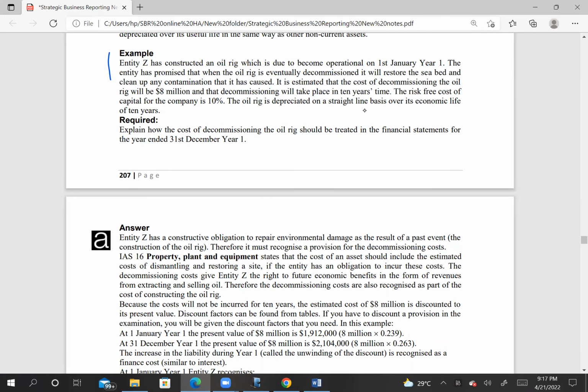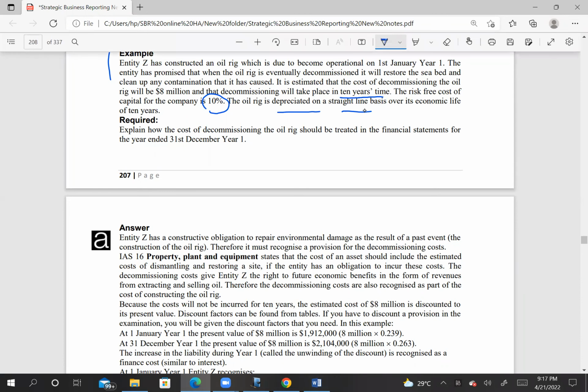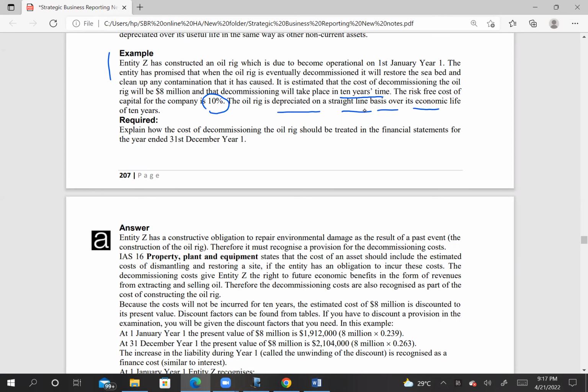It is estimated that the cost of decommissioning the oil rig will be 8 million, and that decommissioning will take place in 10 years' time, and the risk-free cost of capital for the company is 10%. The oil rig is depreciated on a straight line basis over its economic life. The question is, what will be the accounting treatment for the year ended 31st December year 1?